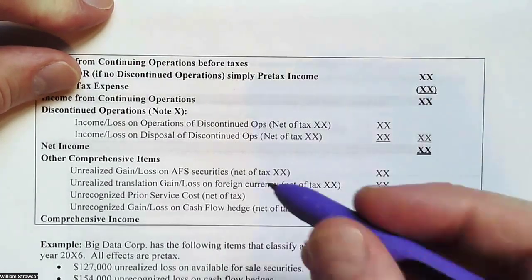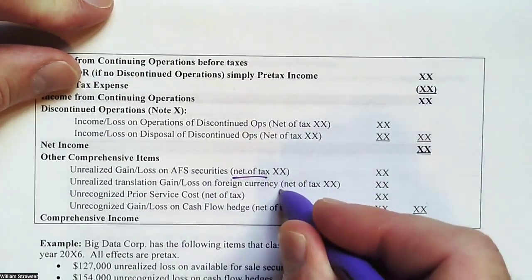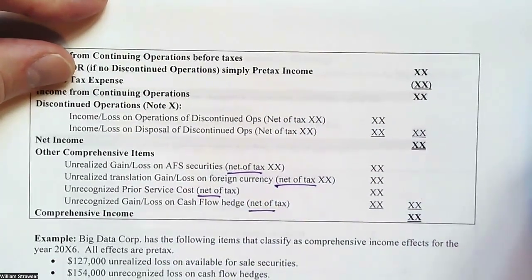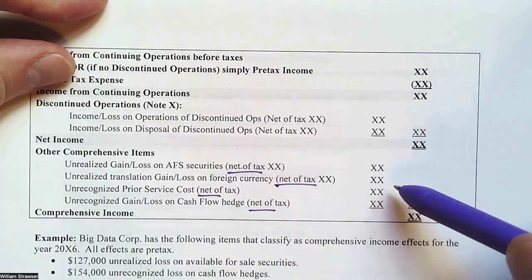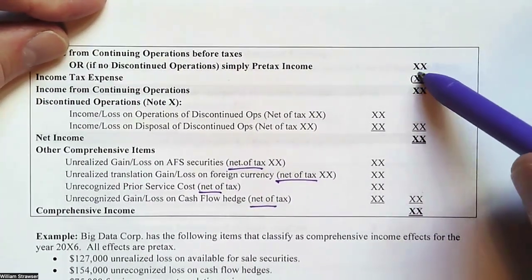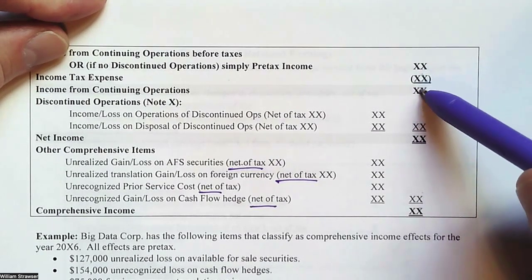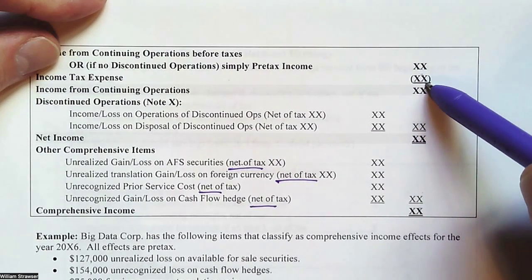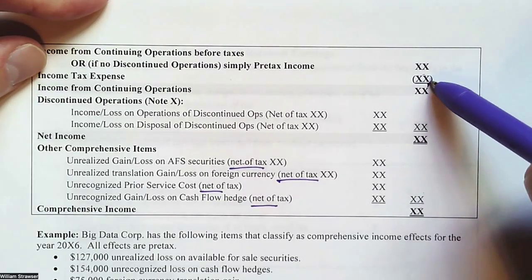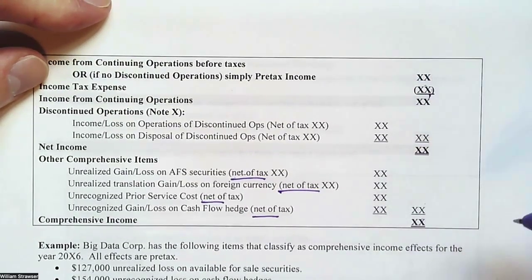Also notice we need to net tax effects from these items, because there is a tax effect. It is not calculated in this amount here that's labeled income tax expense. This income tax expense is only the expense of all the items before it.